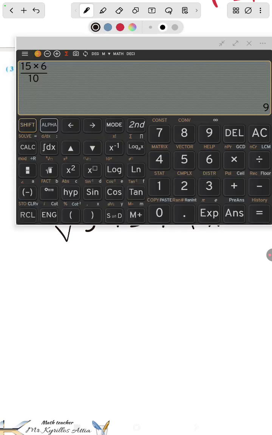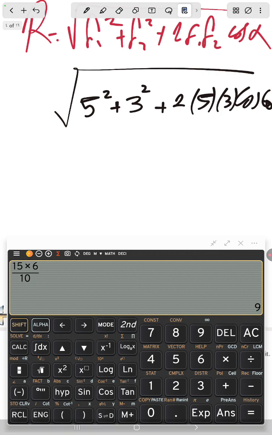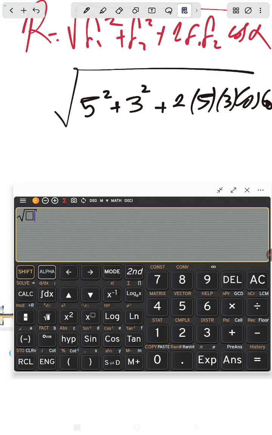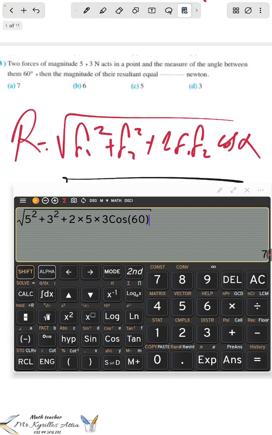By using the calculator, root of 5 power 2 plus 3 power 2 plus 2 times 5 times 3 cosine 60 equals 7.